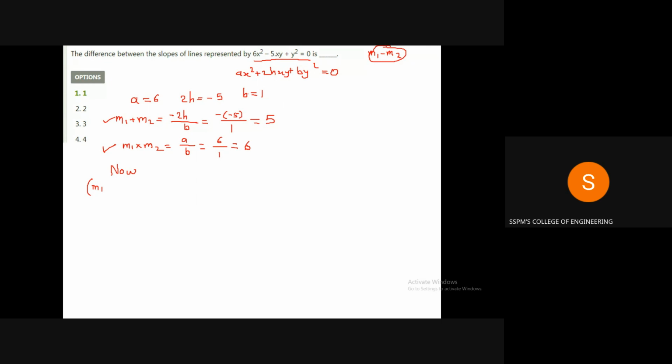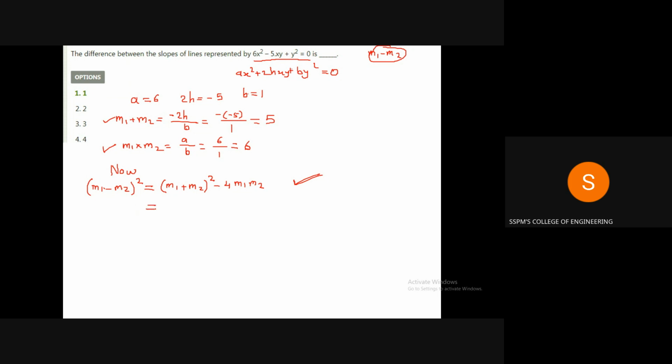There is an algebraic expression which gives the relation between these three terms. m1 minus m2 whole square is equal to m1 plus m2 whole square minus 4 m1 m2. Okay, so this is the relation. Just note it down.